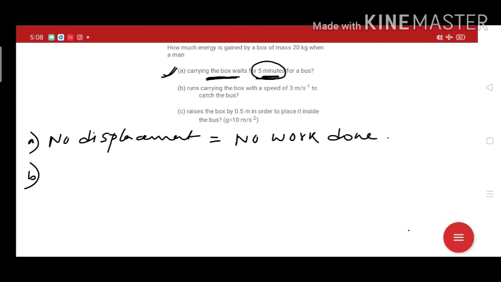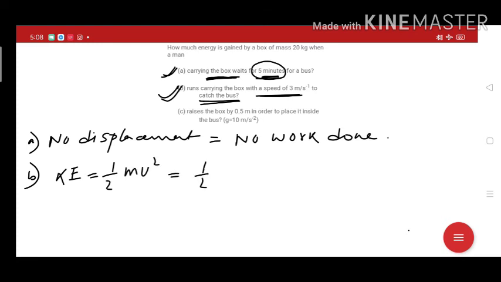Then part B, runs carrying the box with a speed of 3 meter per second to catch the bus. Okay, fine. So now the man is actually moving. So here we can write it like KE is equal to half m v square.